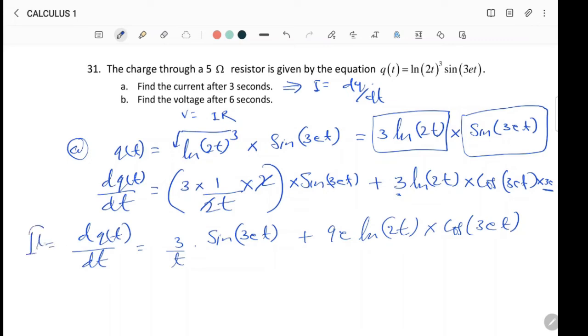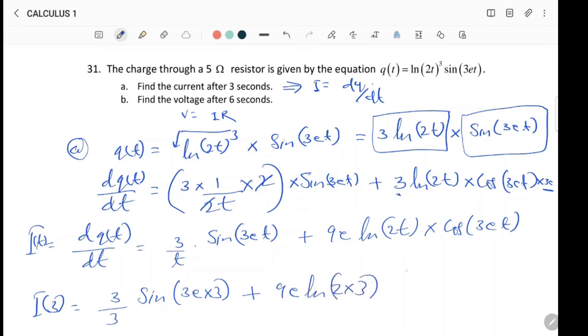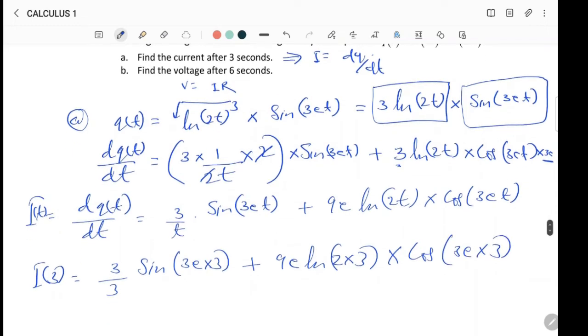So this is I of t. Find the current after 3 seconds. Okay, I3. So put t as 3 in that. So 3 over 3 sine 3e times 3, plus 9e ln 2 times 3 cos 3e times 3.